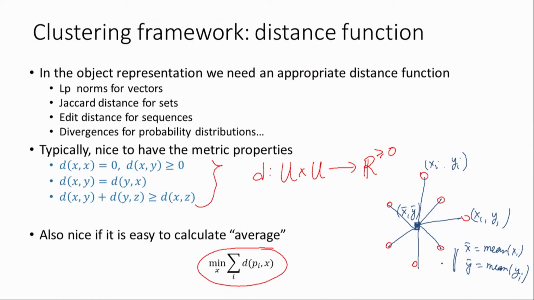Just to push you more, suppose I say that the distance between 2 points is this. There are 2 d's, so don't mix up the two. The d on the top is the dimension, the d here denotes the distance function.